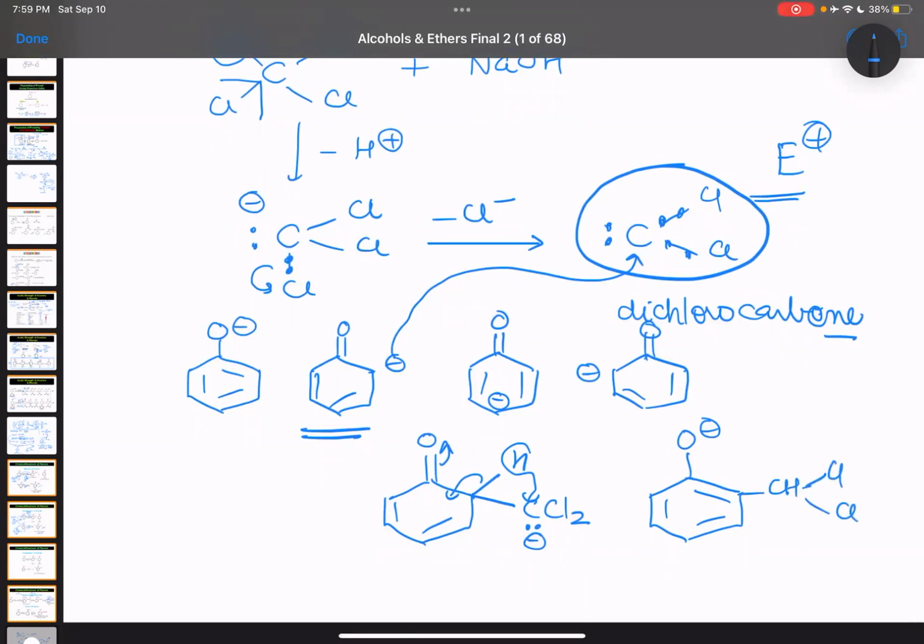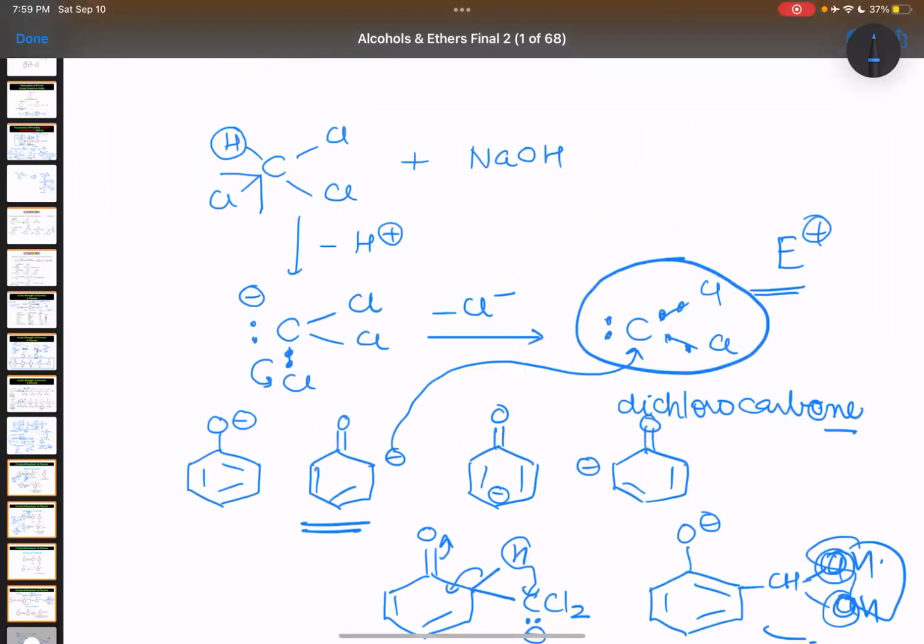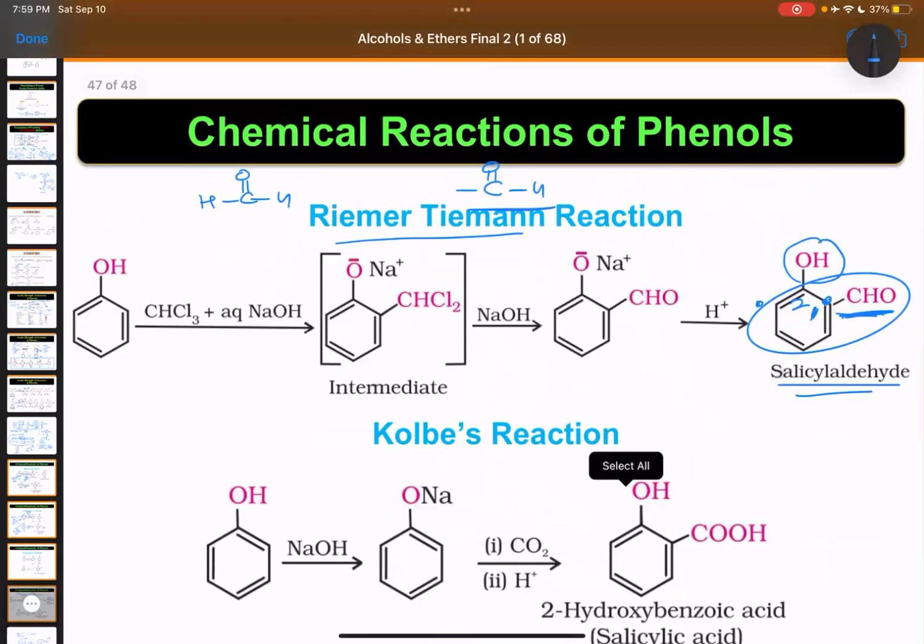Now you are taking aqueous NaOH. So what will happen? Aqueous NaOH will remove both the Cl, and you will have two OH groups by substitution. A gem diol is unstable, so water will get removed and you will end up with a C double bond O. So what are the intermediates?